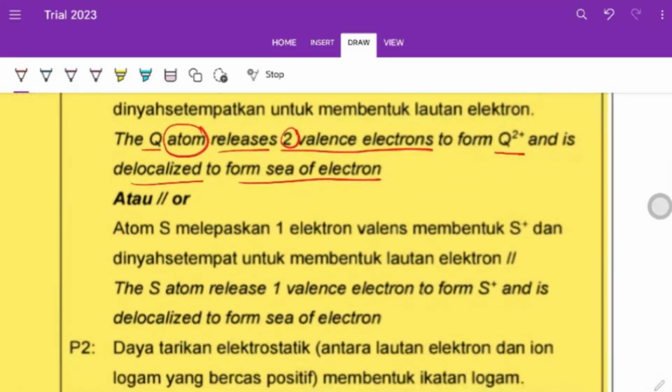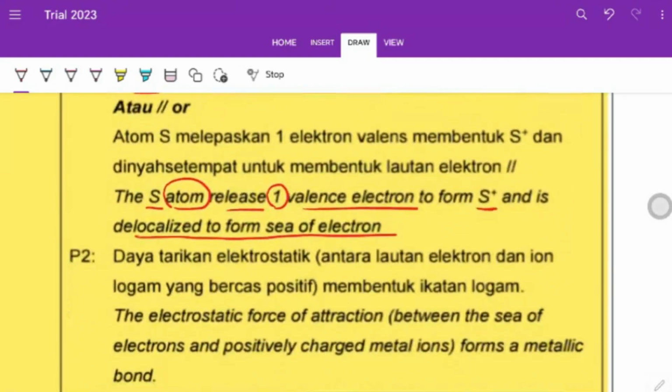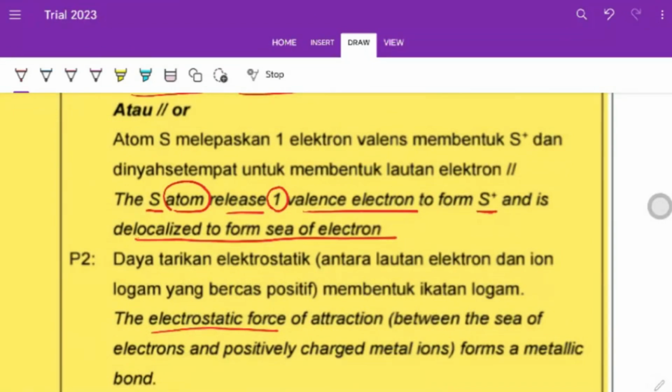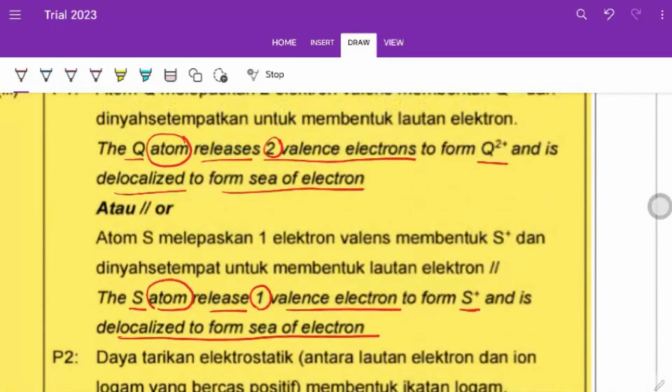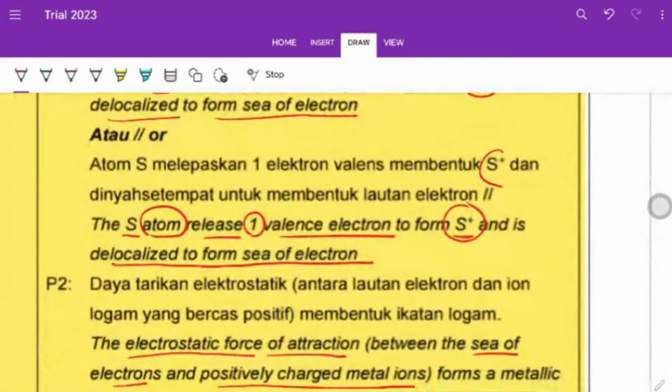If you mention the S atom, it releases one valence electron to form the S positive, and the electron is delocalized to form the sea of electrons. These two are the same. Then point 2: the electrostatic force of attraction between the sea of electrons and the positive charge ion. So this one depends on whether you want to mention about this Q2 positive or S positive. Choose one only.